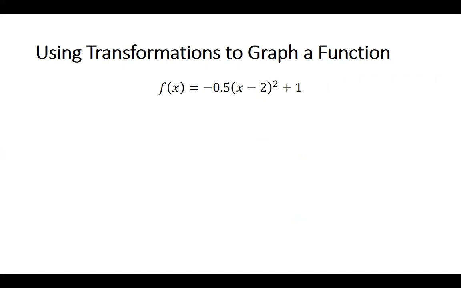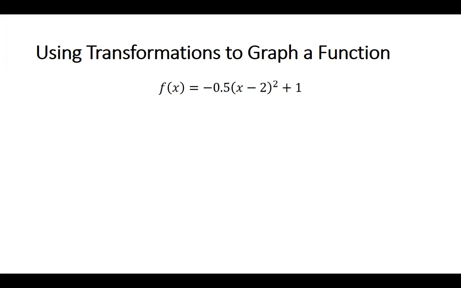Your base function tells you whether you're going to be dealing with vertical or horizontal translations, because anything that's an input to that base function is going to affect the horizontal. Anything that comes outside of that base function is going to affect the vertical.